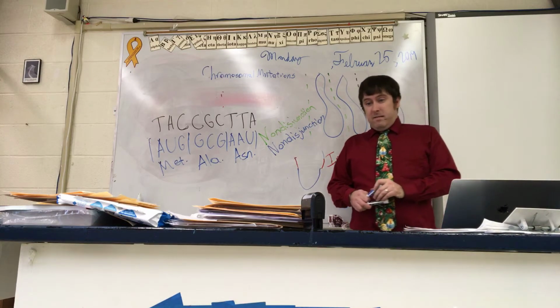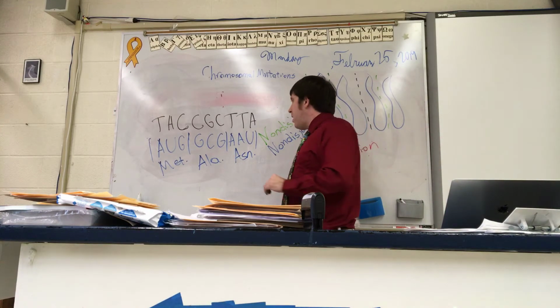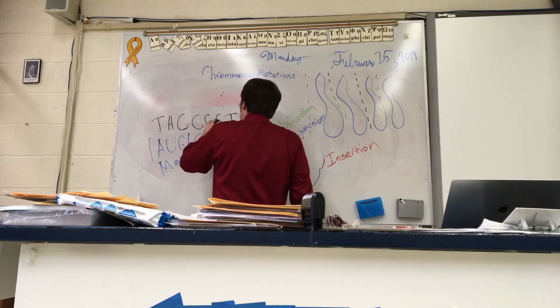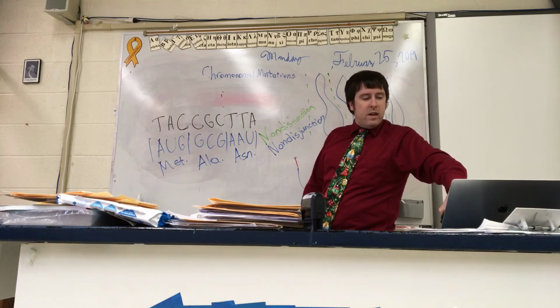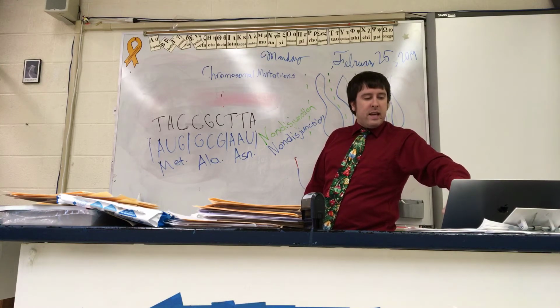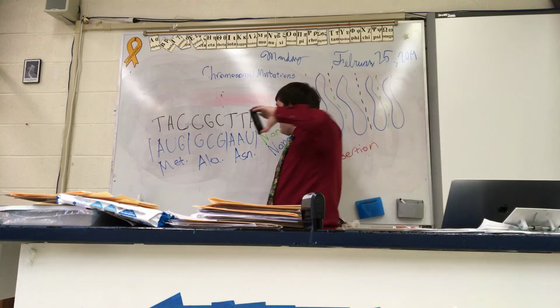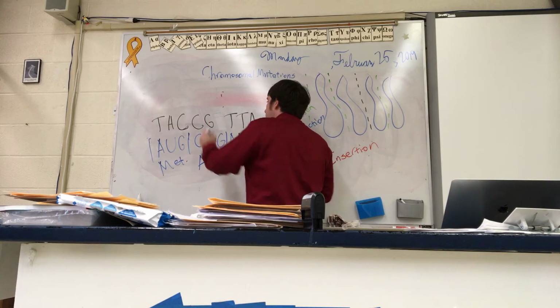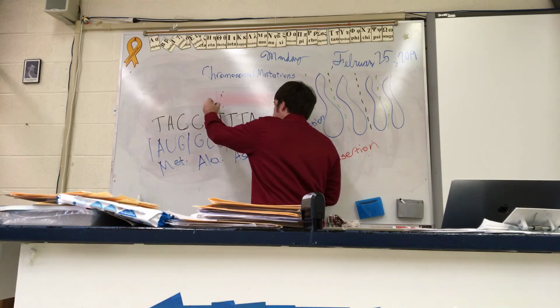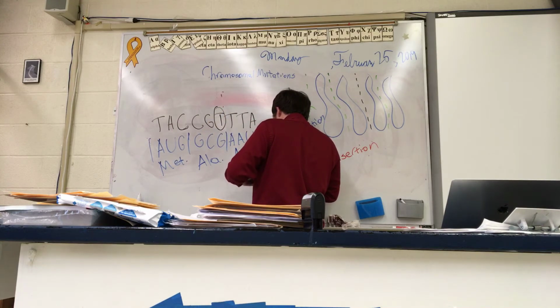Now watch this. What if we had this mutation happen? What if in the second codon, instead of there being a C right here, there was a T? This change right here.